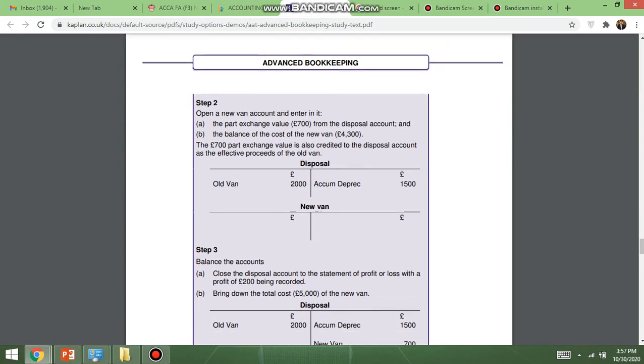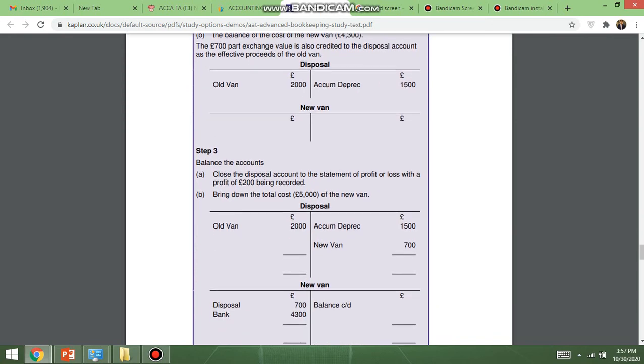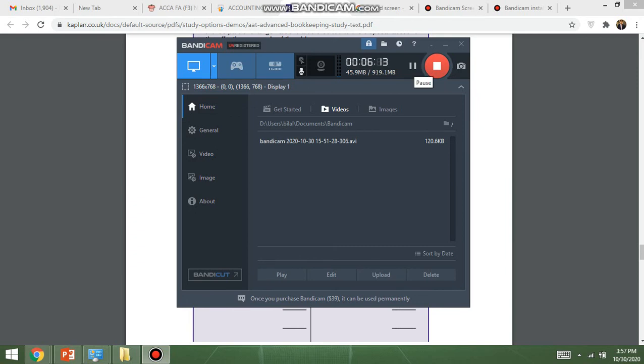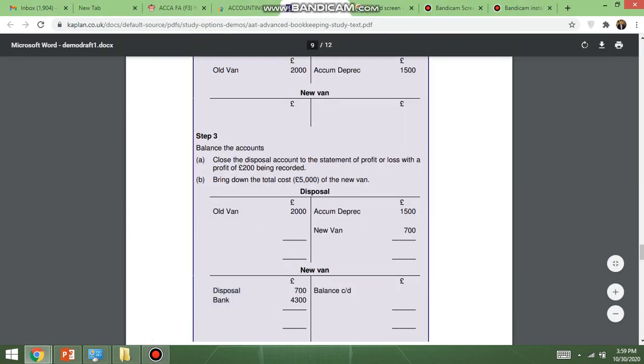Now what happened over here is that the new van is of 700. This is the allowance you get. So you open up a disposal account.